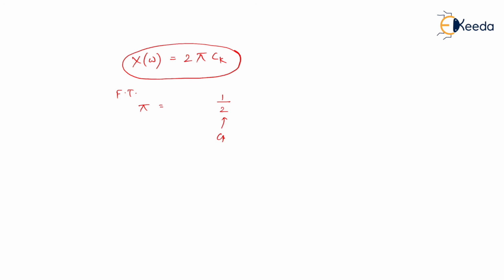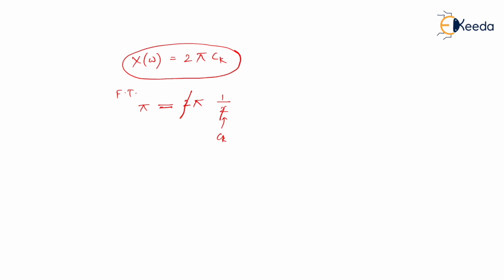This is nothing but your ck value. Am I right? So if I want to equate these two, I must multiply the right hand side with 2 pi, so that the 2 and 2 get cancelled, and then we get the same term at left hand side and right hand side.